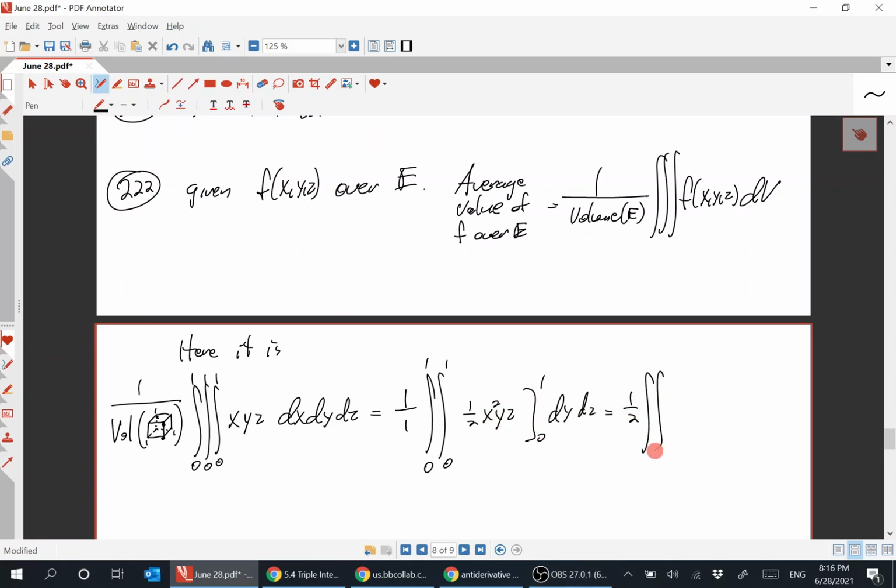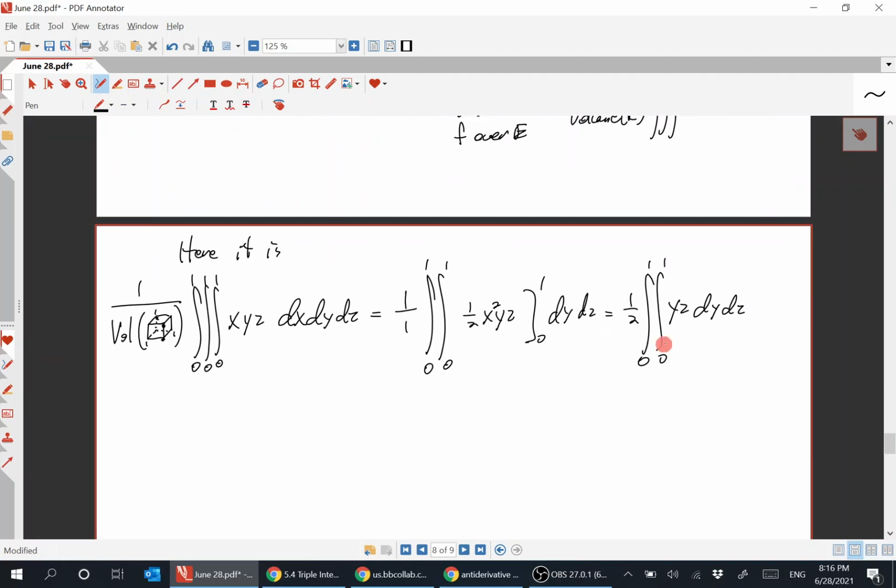Pull that out front. The integral of yz dy dz. And then you do this a couple more times. So the antiderivative is 1/2 y squared z, from 0 to 1, dz. So that becomes 1/4 times the integral from 0 to 1 of z dz, and you get 1/8.